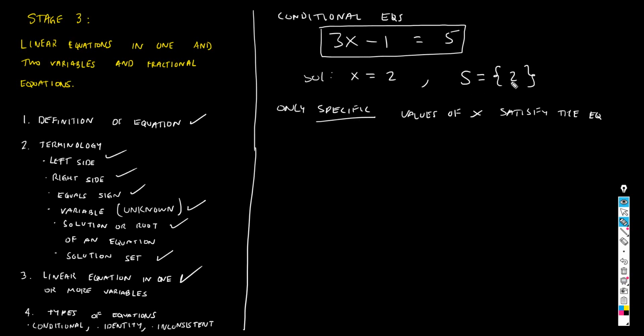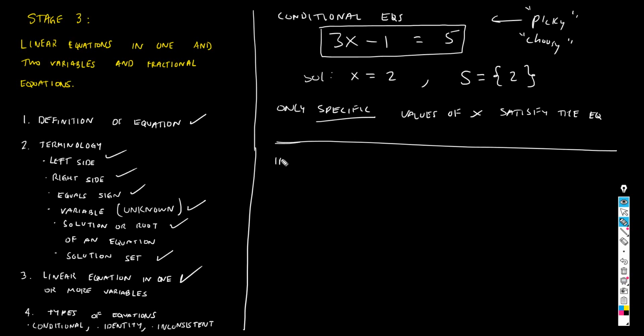In this case, it's only the number 2 that is going to satisfy this equation. If you replace x by any other number, and you can make the experiment if you want, you're not going to satisfy the equation. You see? So you may call these equations, I don't know, picky or choosy, okay? Only some values for the variable will satisfy the equation. So that's why they're called conditional.